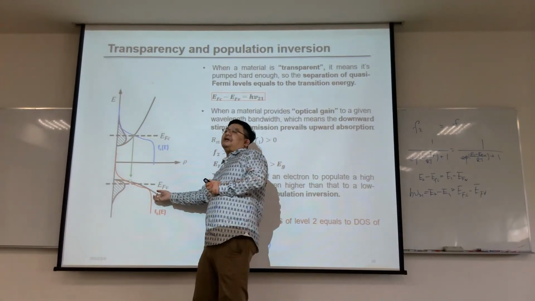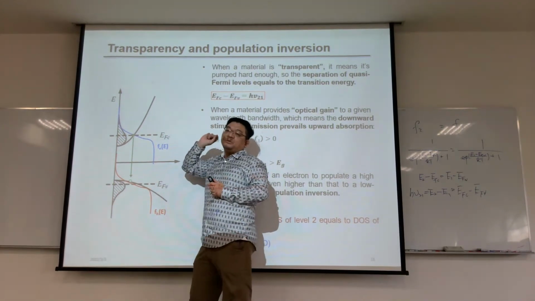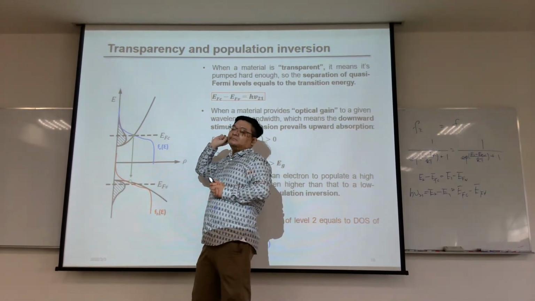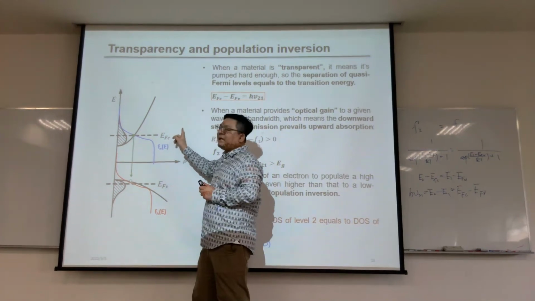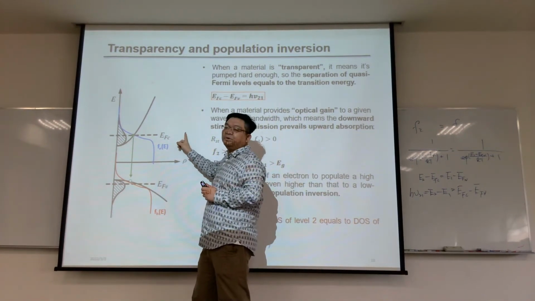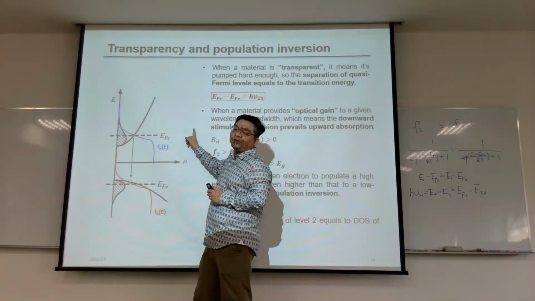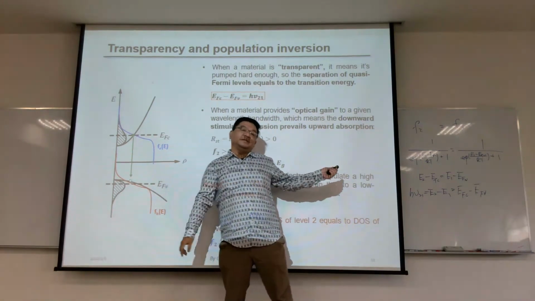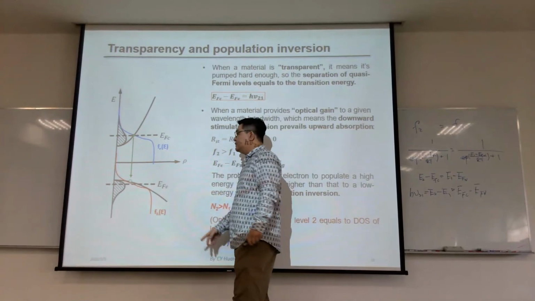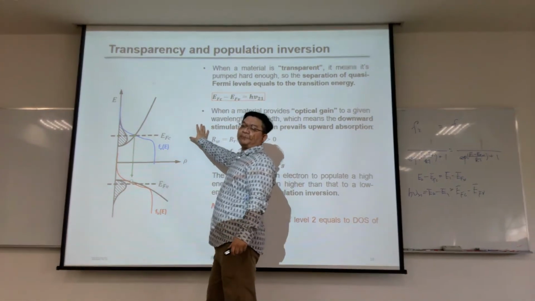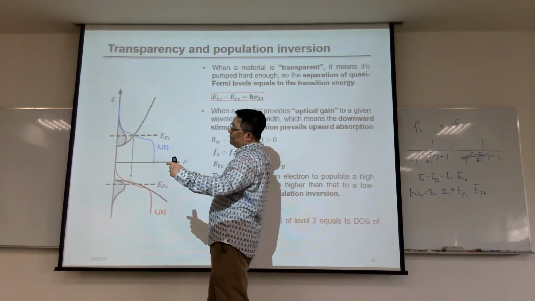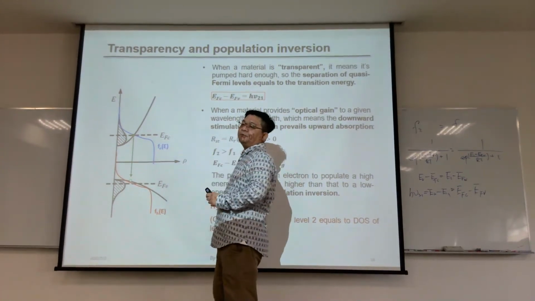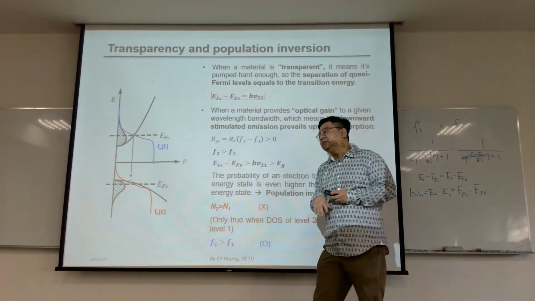So theoretically, the upward transition is still more likely. So for light with hν larger than delta EF, where delta EF means the separation of the quasi-Fermi levels, it's still absorbing. That means the light will decay passing through such a semiconductor.